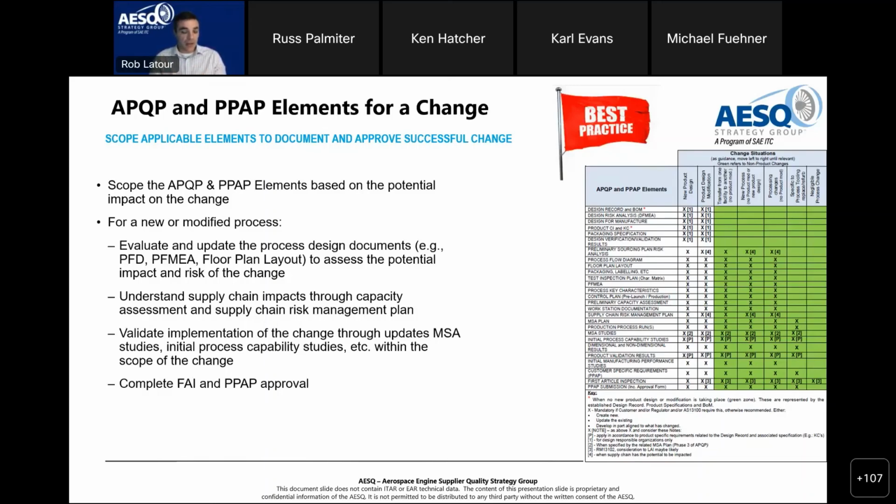Are we getting the output that we expected, the capability that we expected? And based on that validation, we can go into the first article and PPAP approvals to get ultimately back to the end of our flight plan and launch back into production, with that change situation effectively completed.